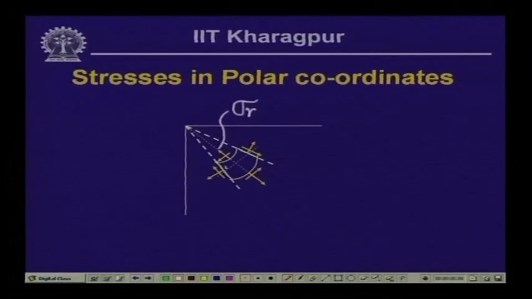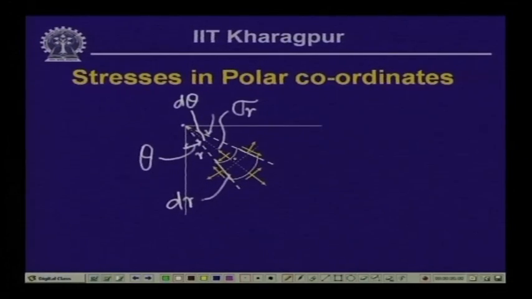Let us assume that this particular distance is dr. The first radial line, let us call this is at an angle theta, and the small angle which is made by these two radial lines is d theta. The radial distance from the origin to the first face of the element, let us call that r.